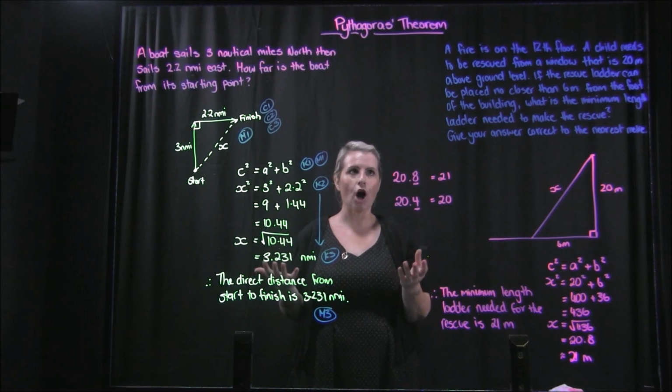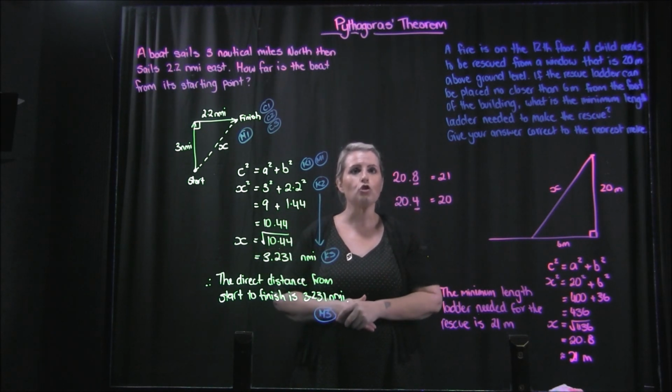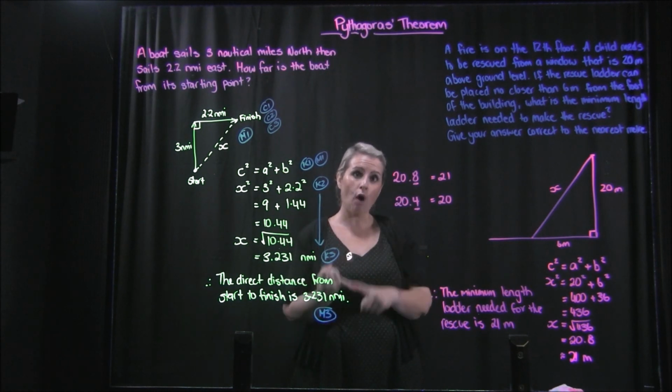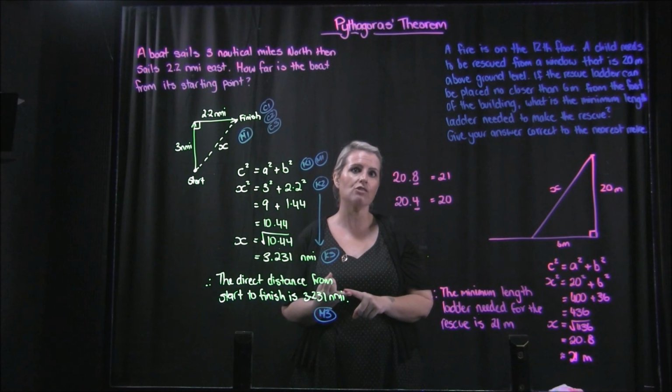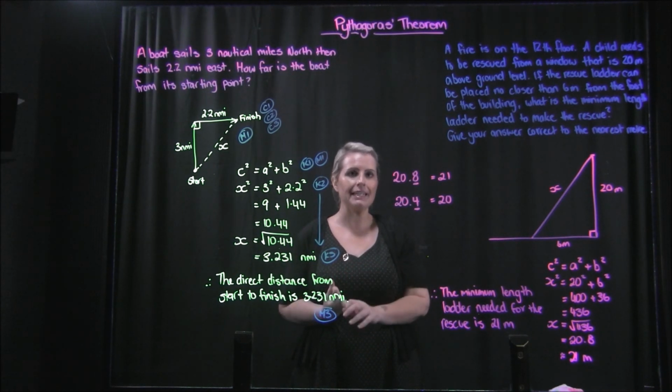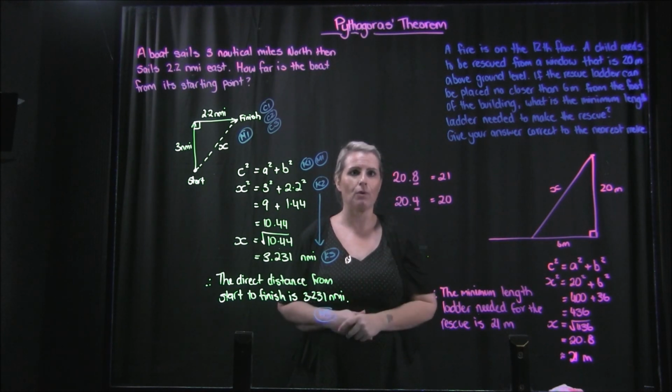You need to be able to identify the correct one. In this instance, to use Pythagoras, you need a right angled triangle. You need to have been given 2 sides of that triangle and be needing to find a 3rd side. So that's the information you need, information you can find, and it must be a right angled triangle.